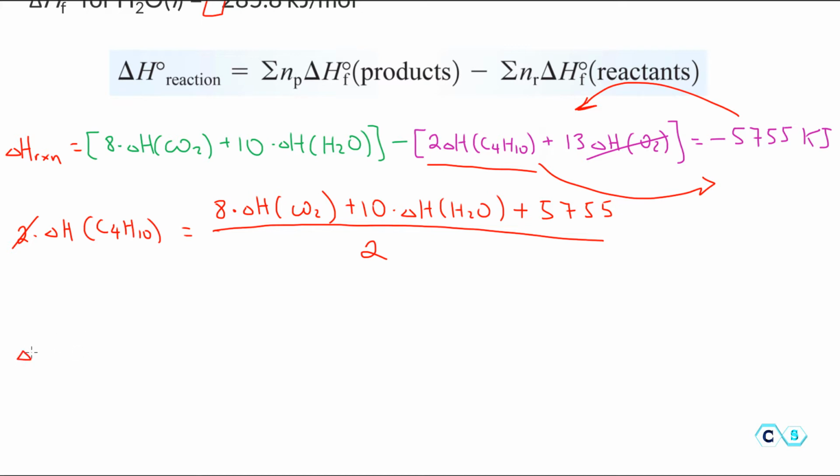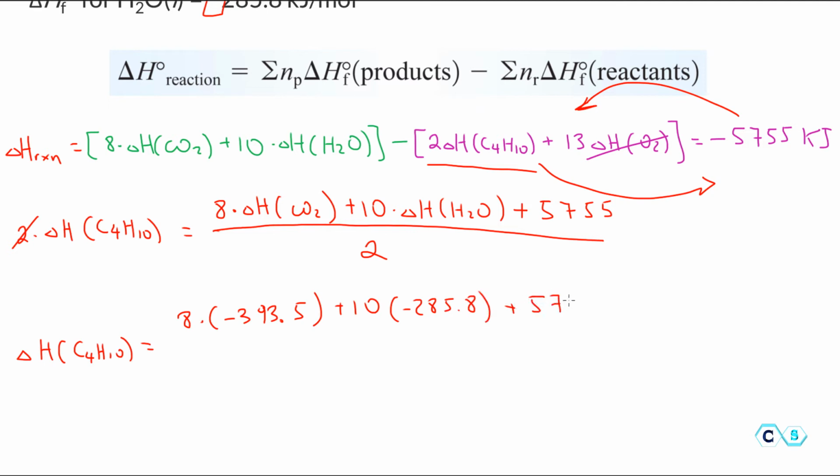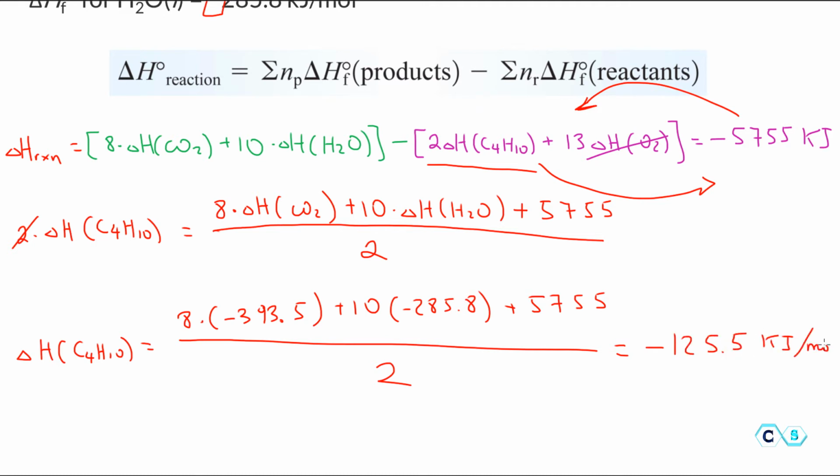So the delta H of formation of butane is equal to 8 times negative 393.5 kilojoules per mole, plus 10 times negative 285.8, plus 5755, and all of these divided by 2, which is equal to negative 125.5 kilojoules per mole.